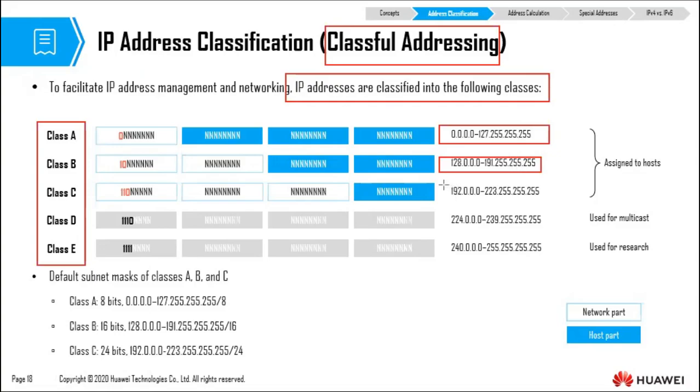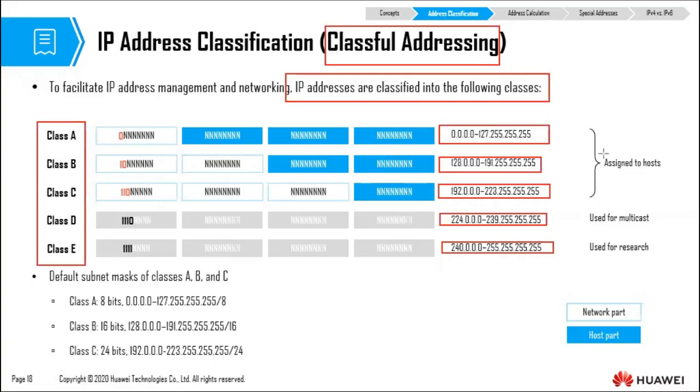Class C begins from 192 all the way to 223. Then class D begins from 224 all the way to 239. Then lastly, we have class E, which begins from 240 all the way to the last IP address.